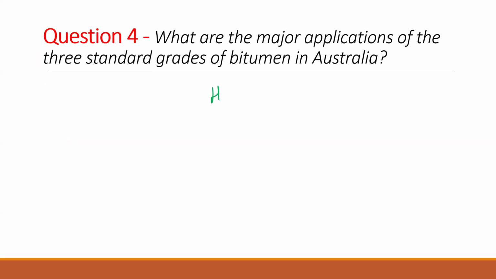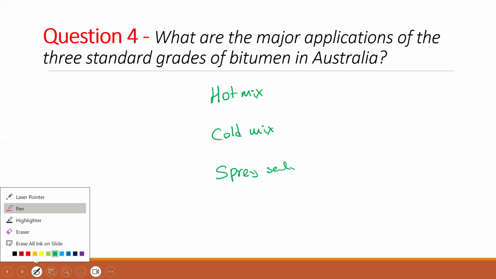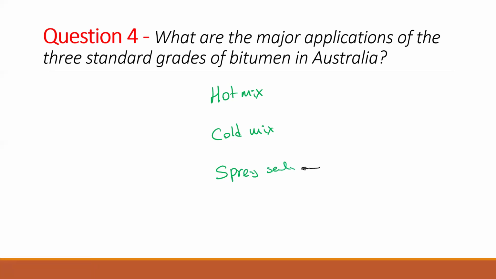Are we looking for a binder for a hot mix, a cold mix, or a spray sealant? You know what a spray sealant is, isn't it? A spray sealant is what you spray on top of the pavement layers. So what do we mean by hot mix and cold mix? What's the difference between those two?